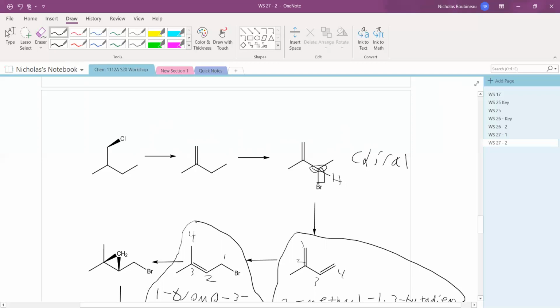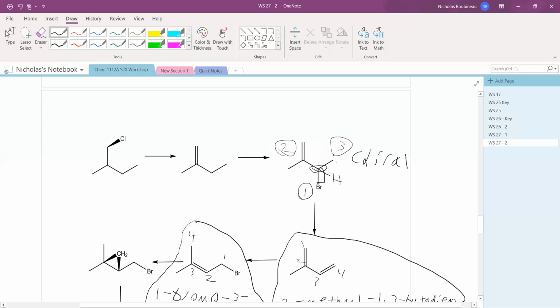But anyway, suppose this was a wedge. It wasn't given like that, but if it was, then we would number the bromine as priority one because it has the highest atomic number. And then the group on the left gets a higher priority than the methyl group because of the double bond here.